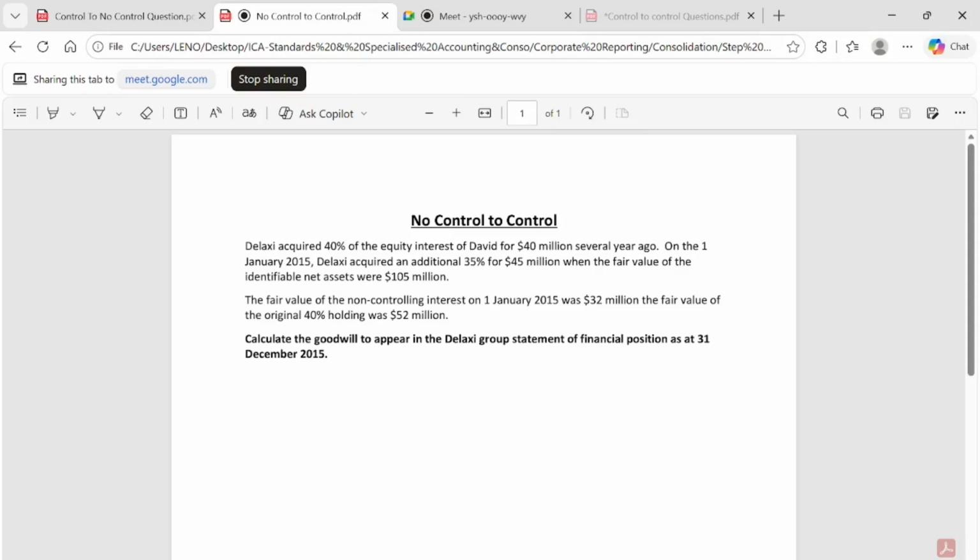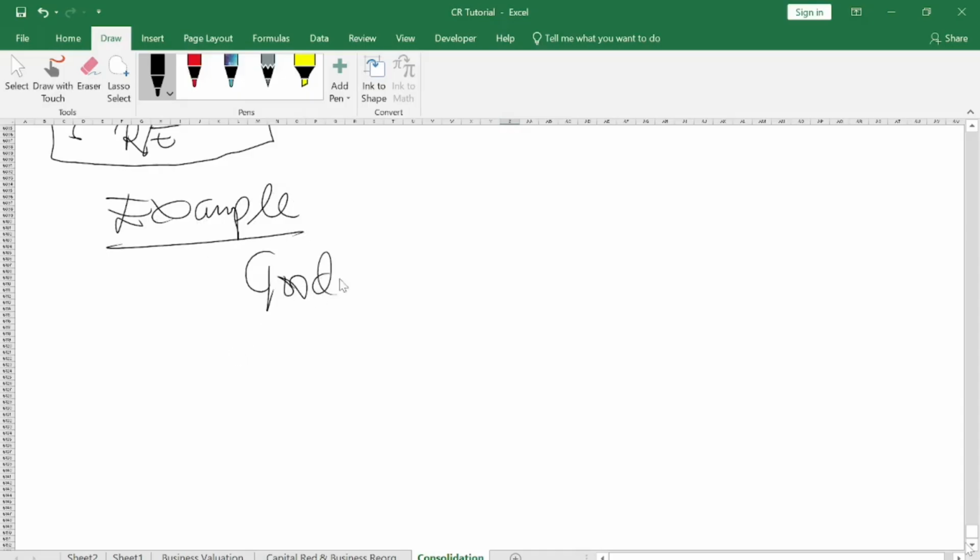You do the control structure, do the net asset of the subsidiary, then you come and do the goodwill. When you're doing no control to control, the process is the same, just that under the goodwill, you do few adjustments.